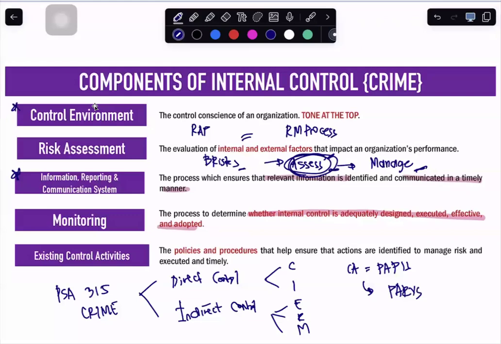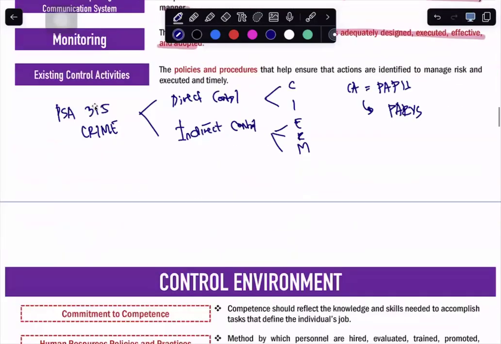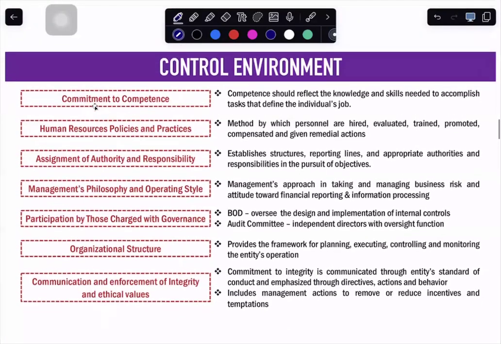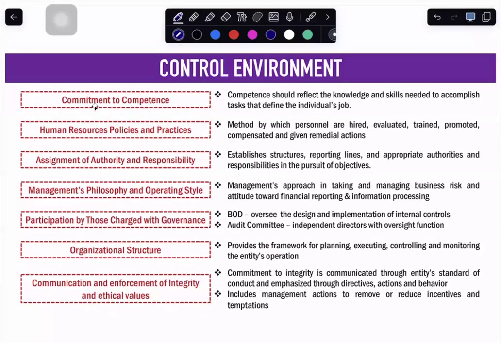Later we will discuss the difference of PUPPIES and PARVS. Let's start first with your control environment. Before, the mnemonic here was CHAMPION. However, now it is changed to ICE AA.